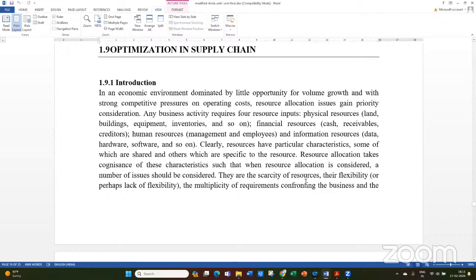Automation is the minimum flow of material. Material flow, there should not be any wastage. So the more you talk about automation, resource optimization, how can you minimize inventory and how can you minimize the number of employees, how can you minimize the data, the software, how can you minimize the material also.